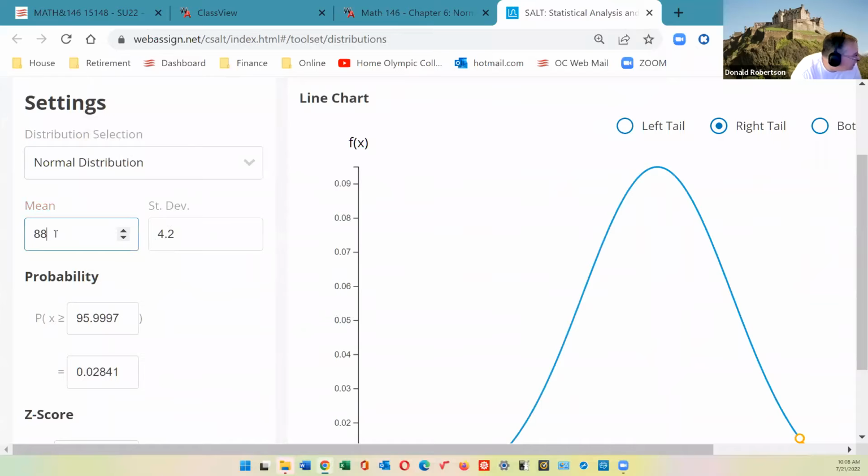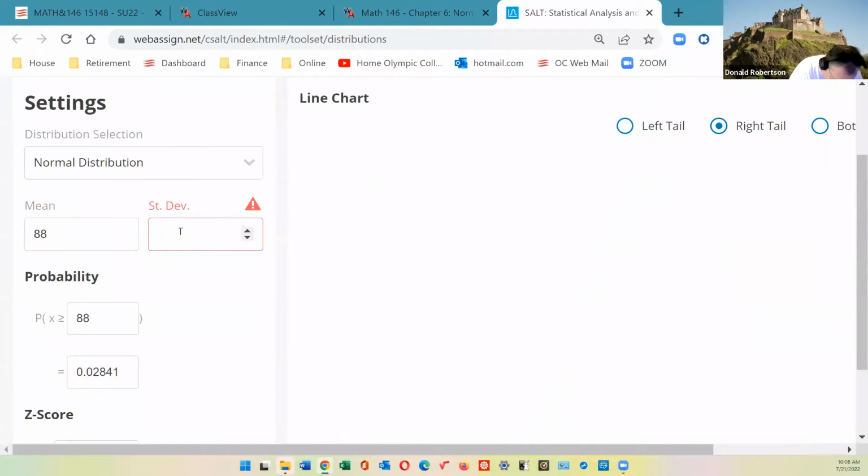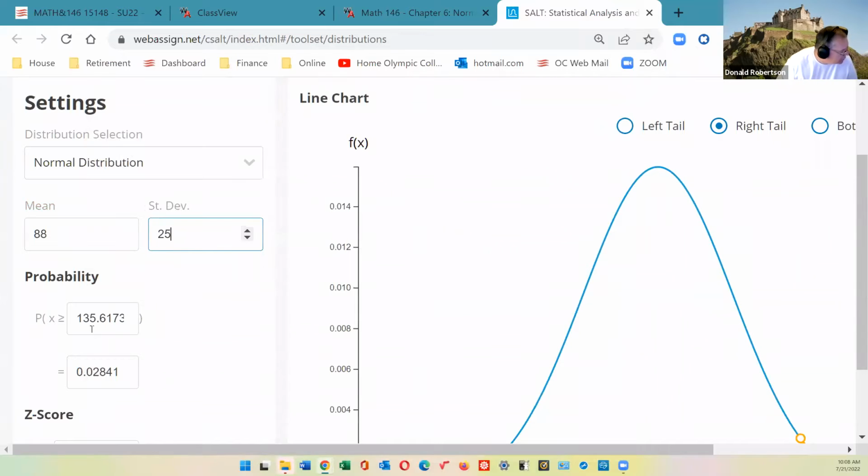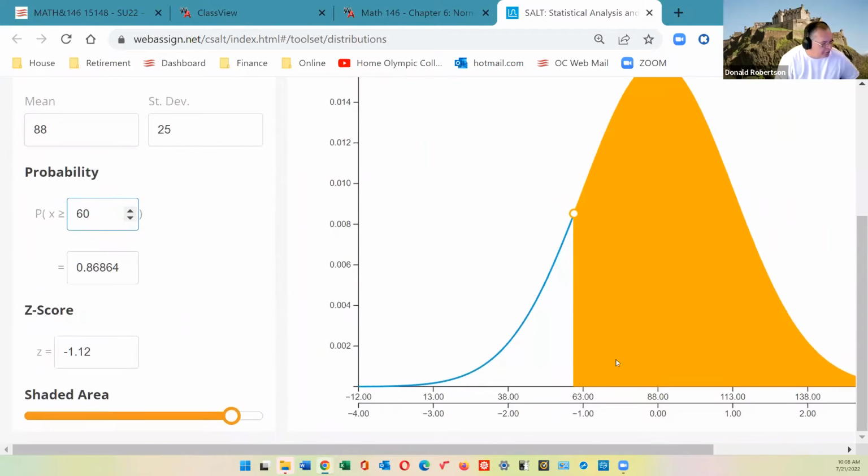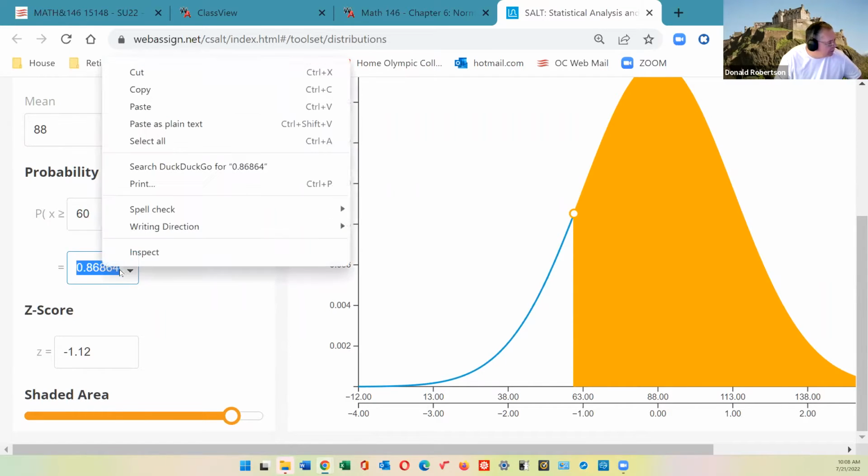So the mean is 88. And over here, the standard deviation is 25. And we're trying to find what's the chances that they have a glucose level greater than 60. And if you kind of look at the picture, would you agree that's a pretty big chunk of space? And that ends up being that fella there.